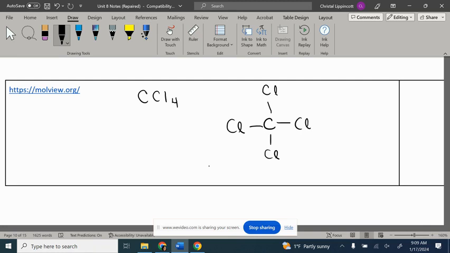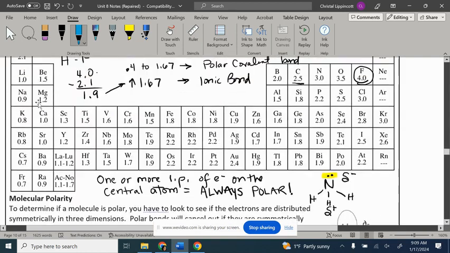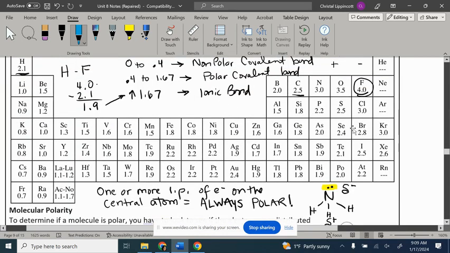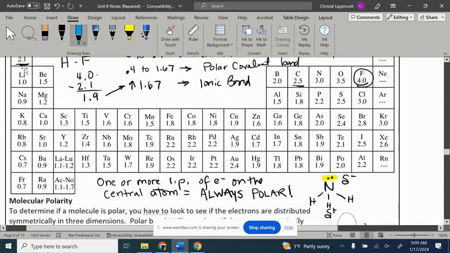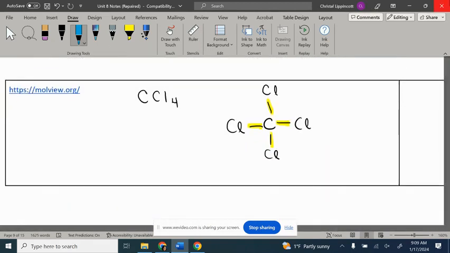Now, this has bonds here that are going to be polar bonds, because if we look at the electronegativity difference here, chlorine is a 3 and hydrogen is a 2.1. So that gives us a difference which gives us clearly a polar bond.